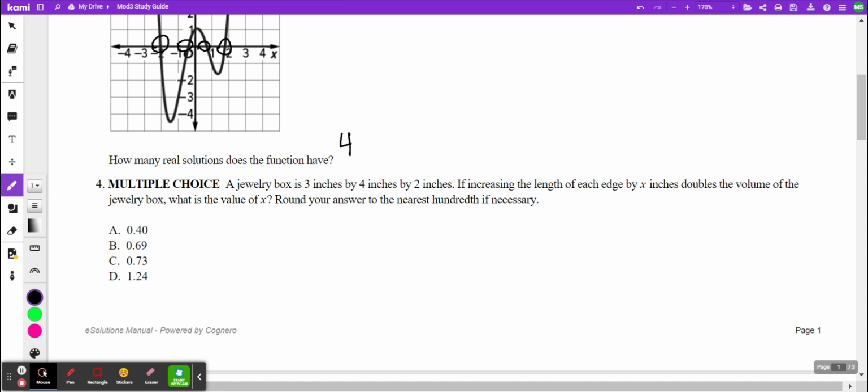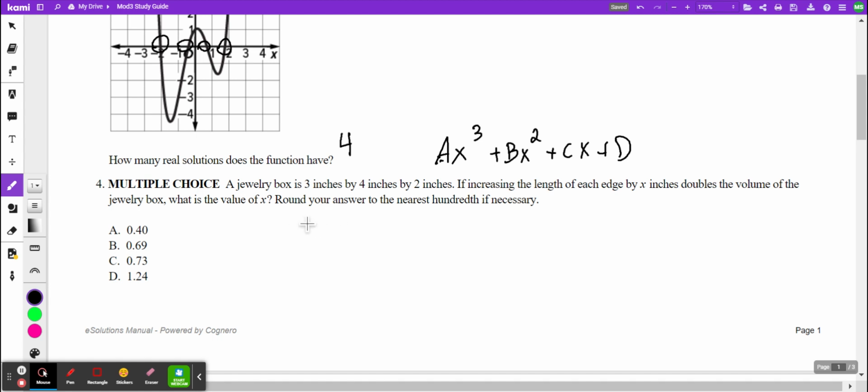On this one, we're actually not going to round. We're going to put it into this format, standard form, ax cubed plus bx squared plus cx plus d. So we're going to get this. They say, if it's doubled, what is the answer?